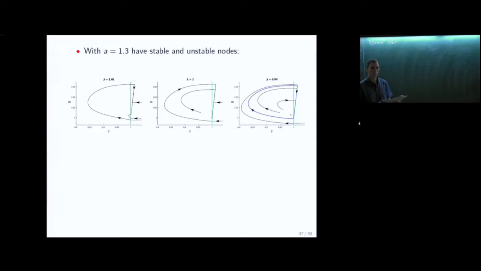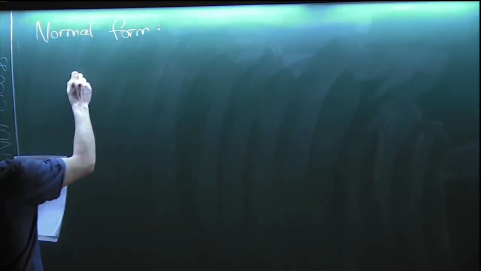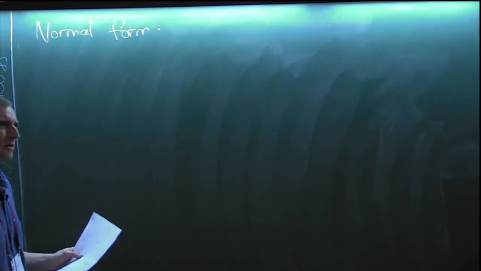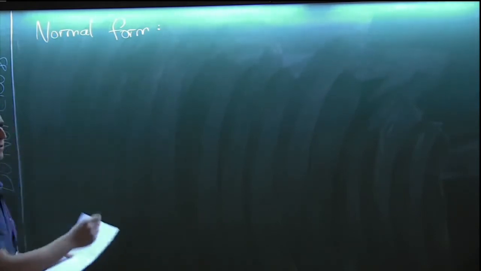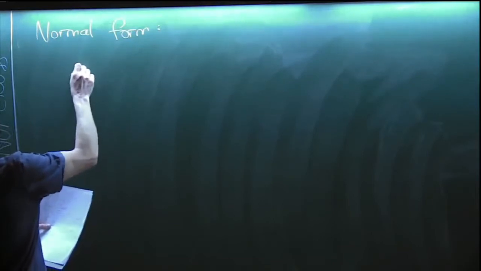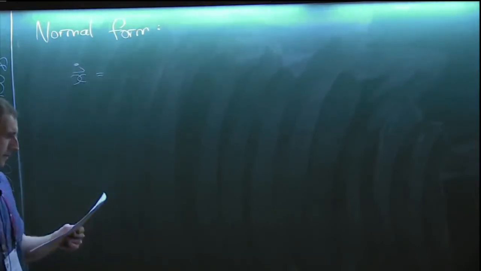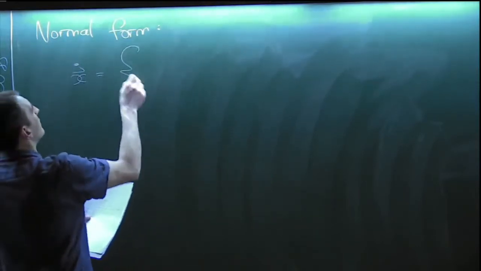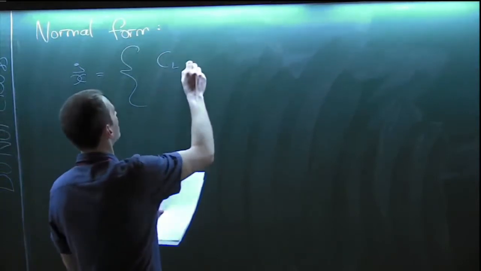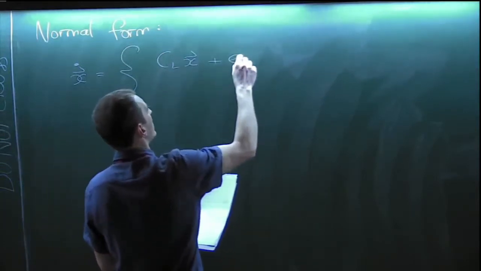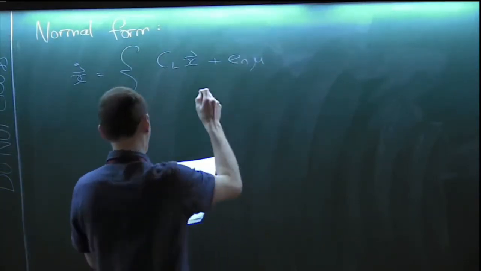Okay, so unlike the normal form I introduced yesterday for discontinuous ones, that normal form I kind of came up with while I was preparing these lectures. This normal form's been around for a long time. I think Mario Di Bernardo, his 2003 paper from memory, is really the first one that has it.